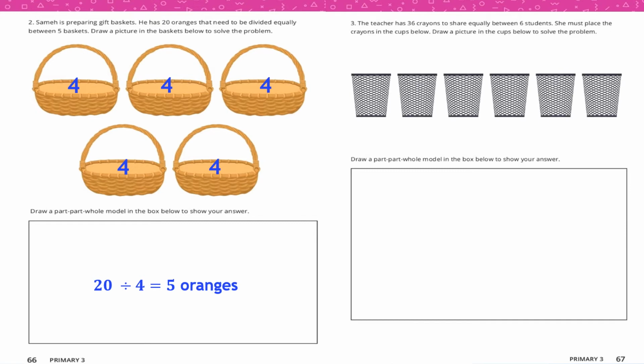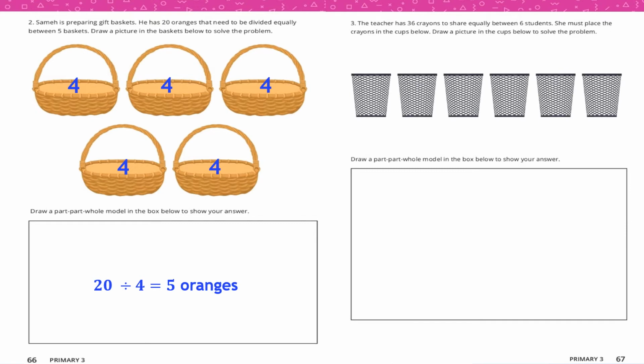When we see the word equally, it means division. And we learned that division is the inverse operation of multiplication. So we will ask ourselves, 6 times what equals 36? 6 times 6.